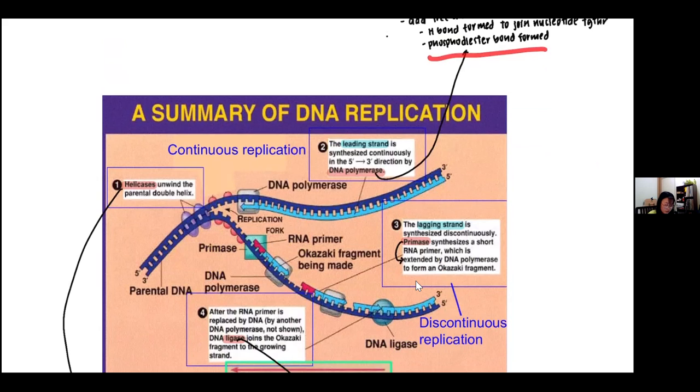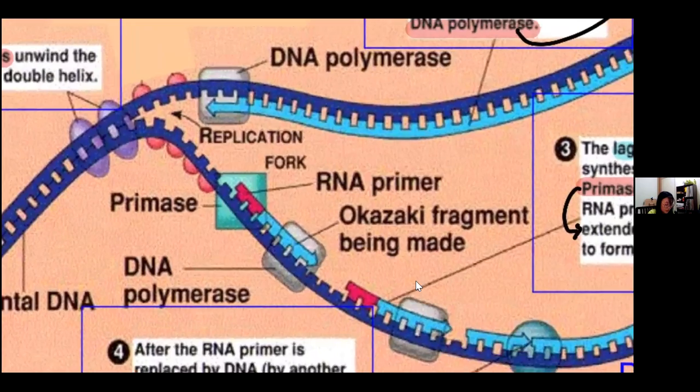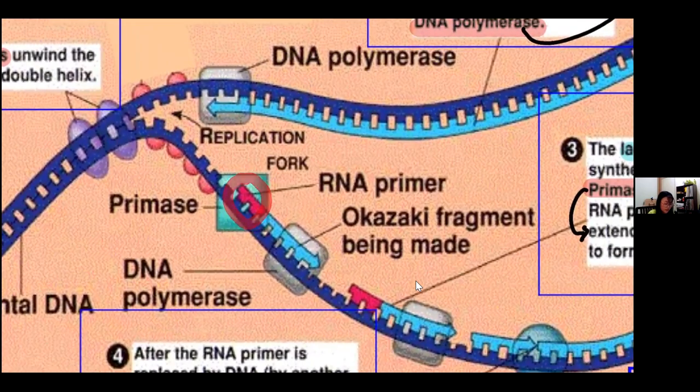Then in the lagging strand, it synthesizes discontinuously. The primase, which is the enzyme I mentioned earlier, will synthesize a short RNA primer, which is extended by DNA polymerase to form the Okazaki fragment. So here is the RNA primer, and this is the Okazaki fragment.